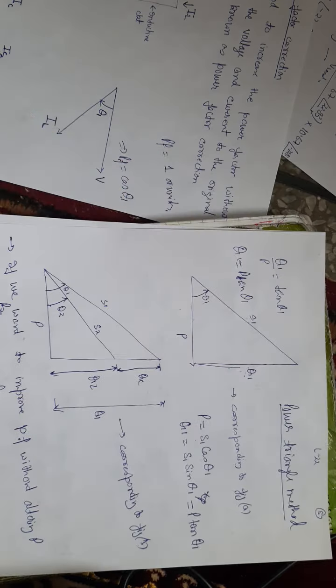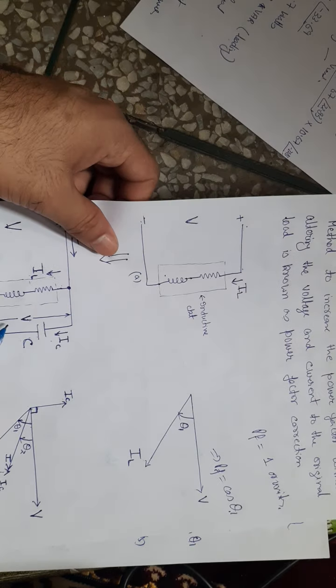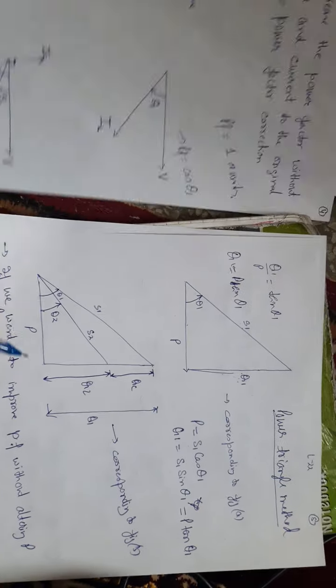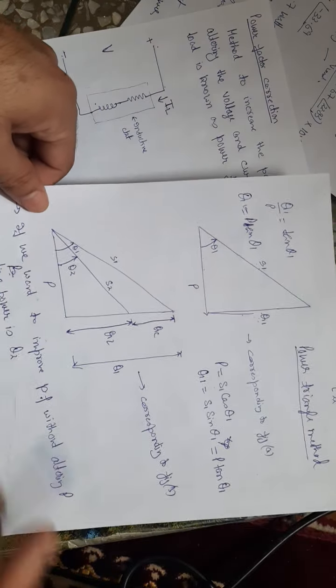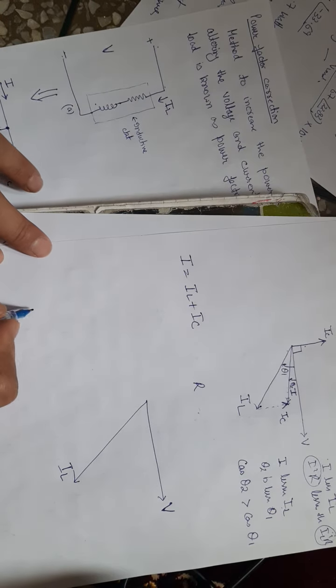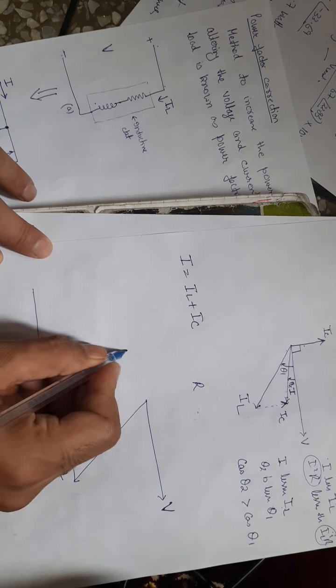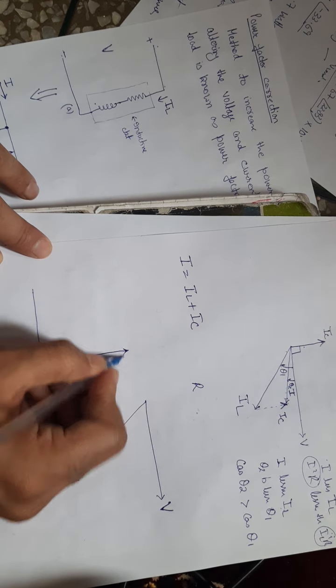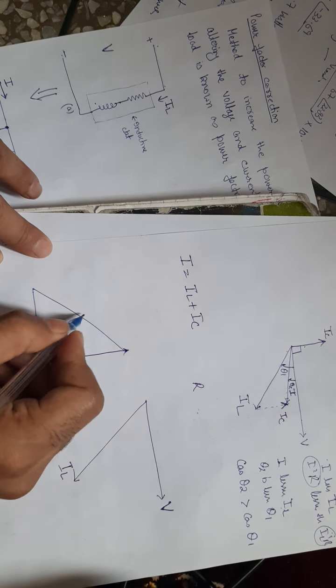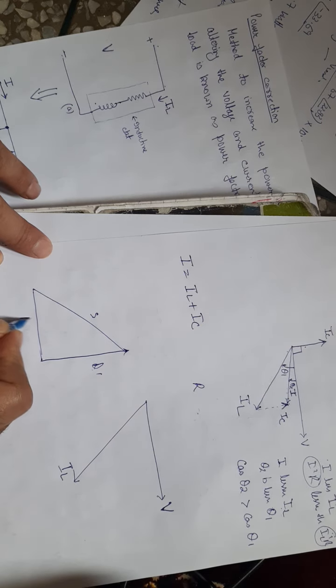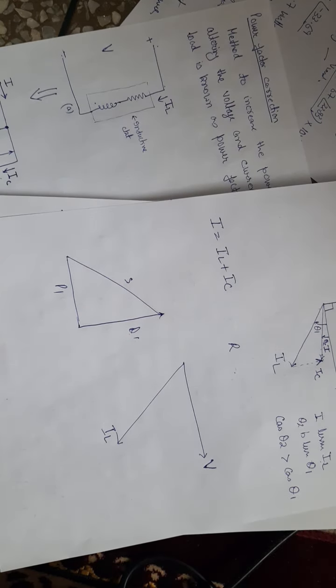Okay, now we will discuss this figure. Let me show it here again. Without power factor improvement, this was my triangle, with S, Q1, P. Now I am using a capacitor.